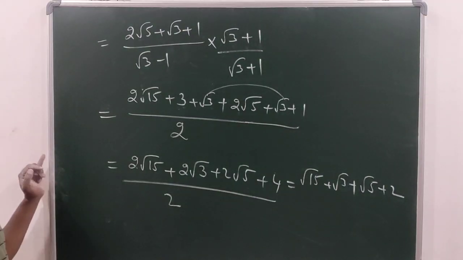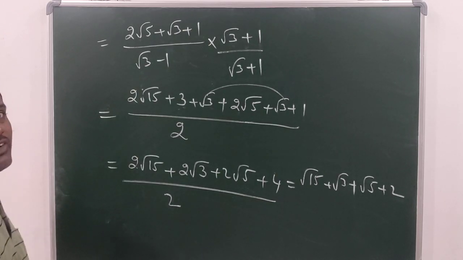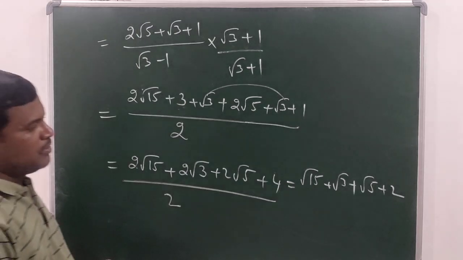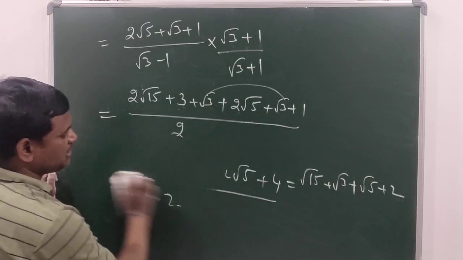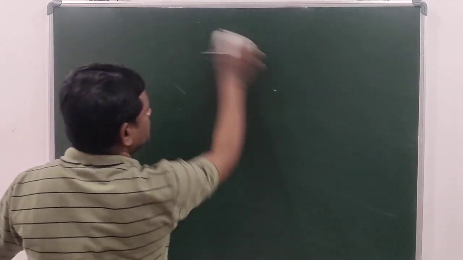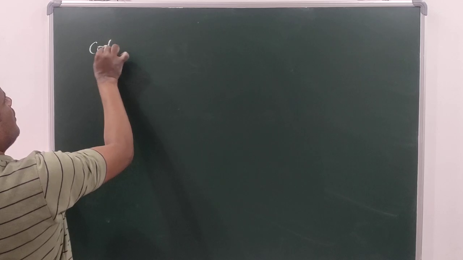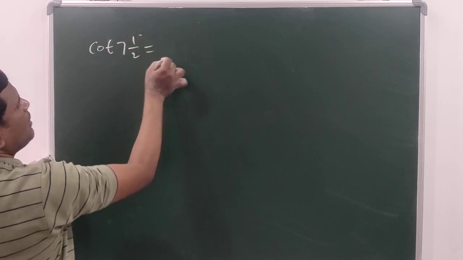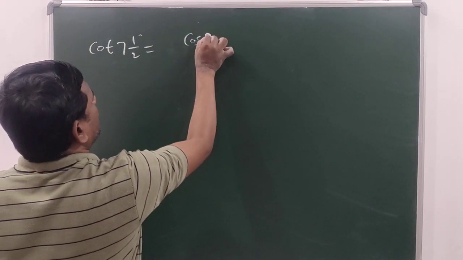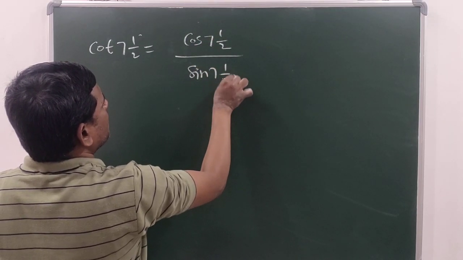So it is cot 7.5 degrees. Once again let me explain this cot 7.5 degrees. Here cot 7.5 degrees, I would like to write as cos 7.5 by sin 7.5.